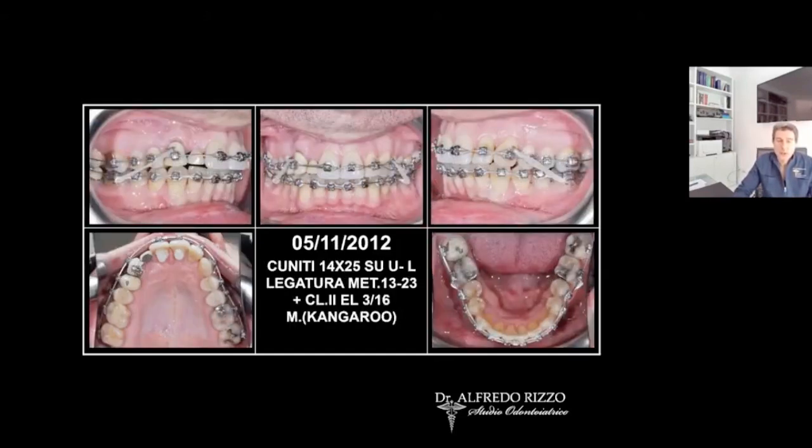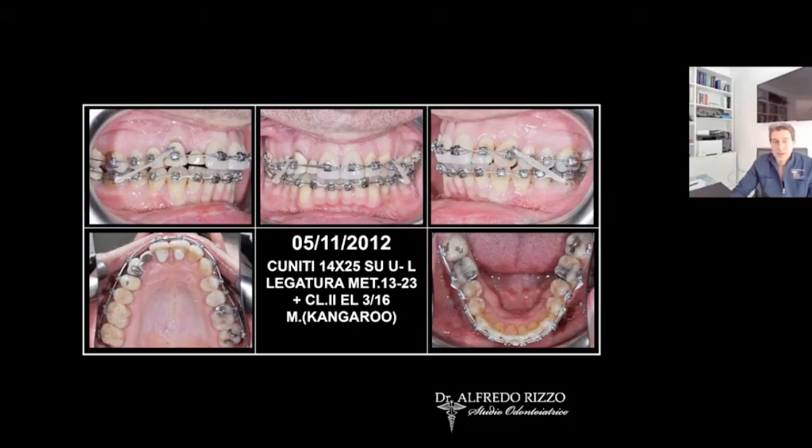Now we switch to copper NiTi 14/25 upper and lower. The tooth continues to come down. We have almost reached the level of the canine on the contralateral position. I have added the metal ligature in order to prevent any gaps.